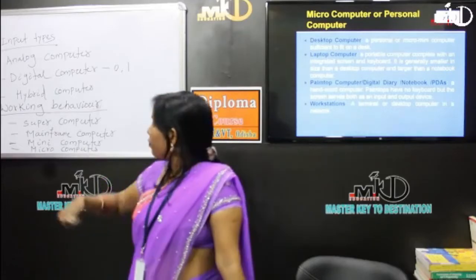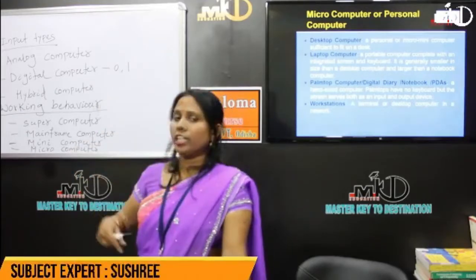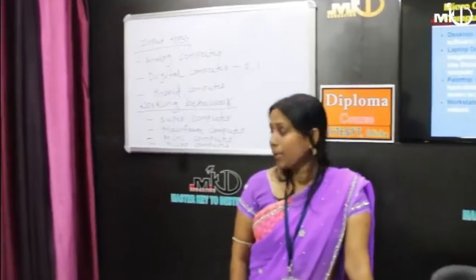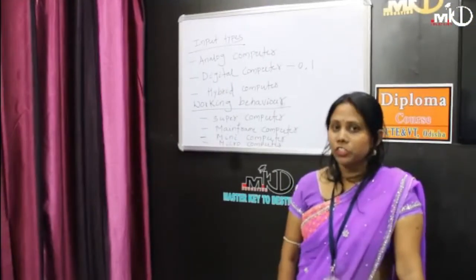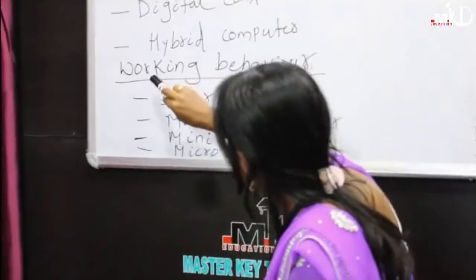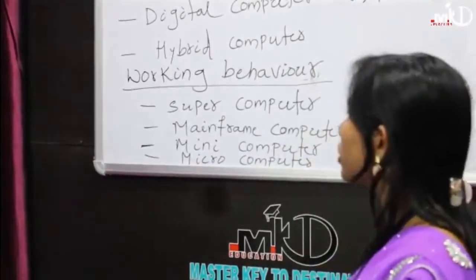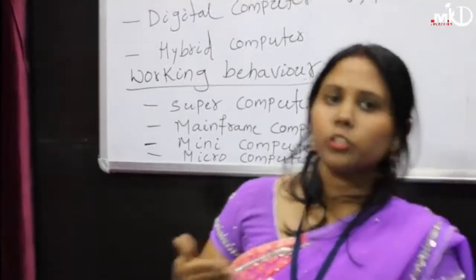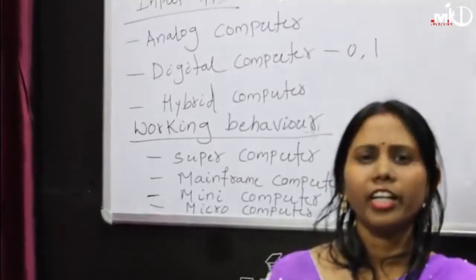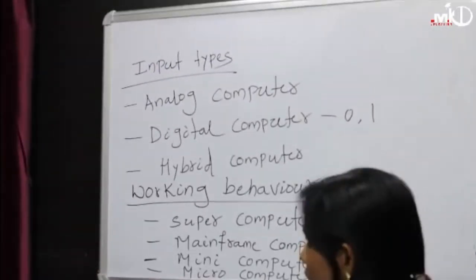These four are categories depending upon the working behavior: supercomputer, mainframe computer, minicomputer, as well as microcomputer. The most important point is that many people are confused, someone says computers are classified into 3 types, someone says 4 types.